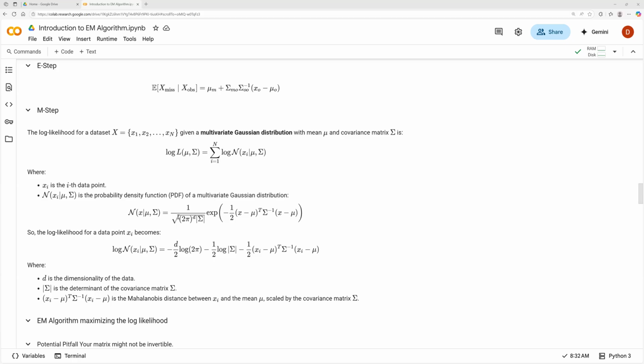If you were to expand this term to just one data point, which is always useful, because if you have a generalization, it's good to look at just one example, here it would be, right? Just xi: negative d/2 log 2 pi minus 1/2 log the determinant minus 1/2 xi minus mu transpose times the inverse of the covariance matrix times xi minus mu.